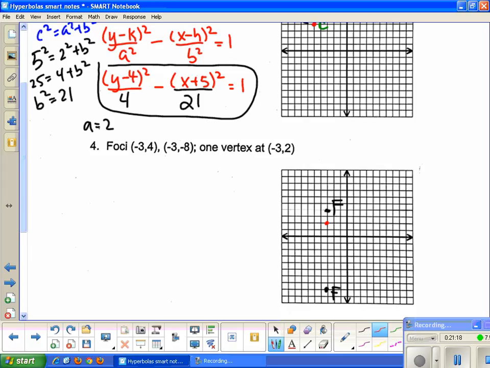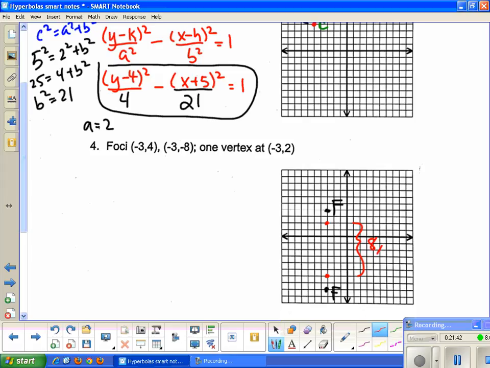And remember, the distance from the vertex to the focal point has to be the same, so I know that the other one is going to be right there. I also know that the center has to be in between these points. So if I count from here to here, I get 1, 2, 3, 4, 5, 6, 7, 8.